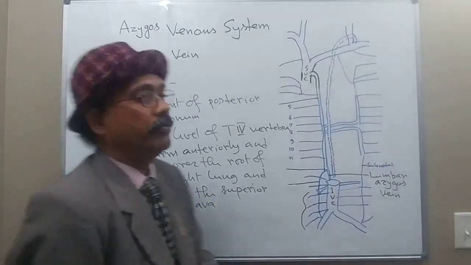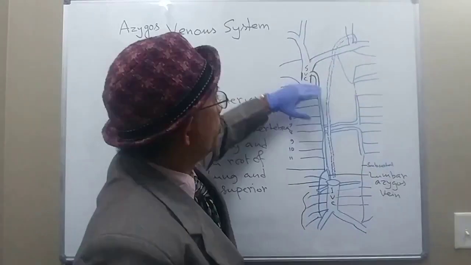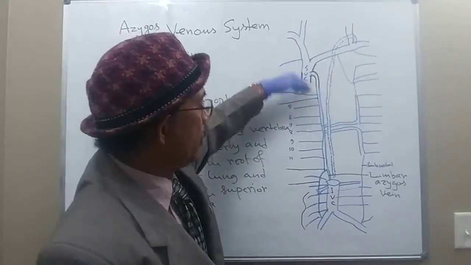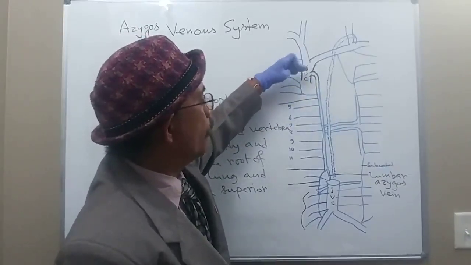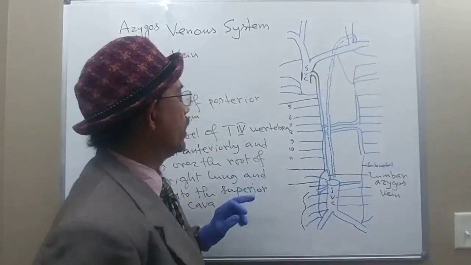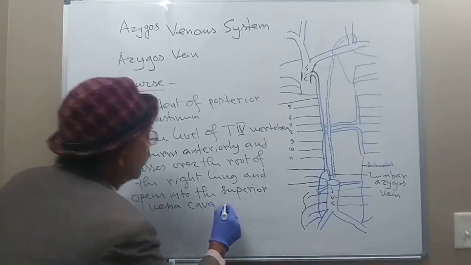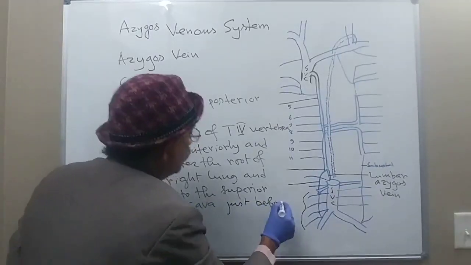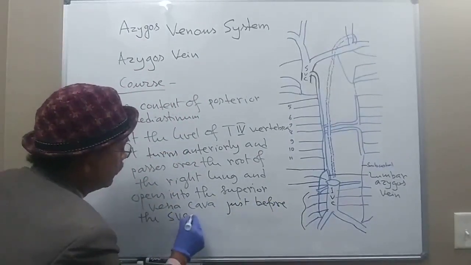Okay, just before the superior vena cava enters the pericardium. So the superior vena cava enters the pericardium at this level, and just before entry to the pericardial cavity, the azygos vein opens into the superior vena cava, that is SVC.